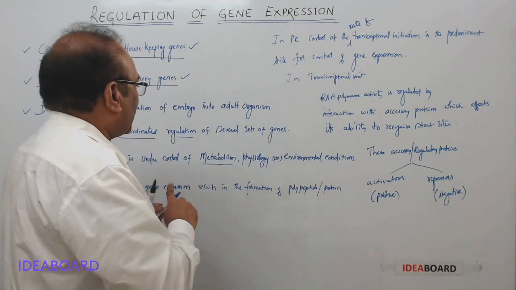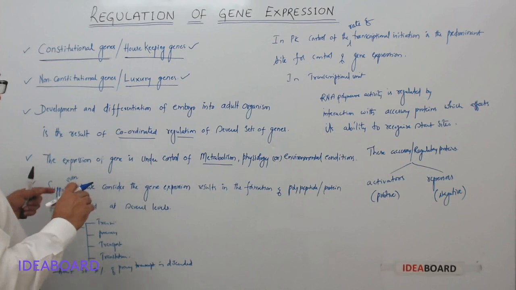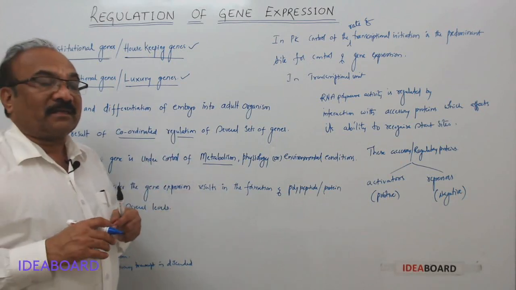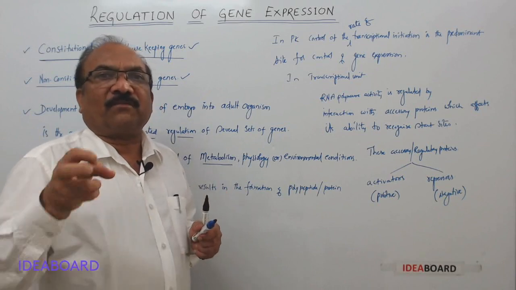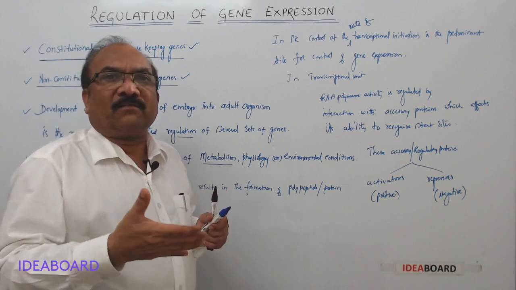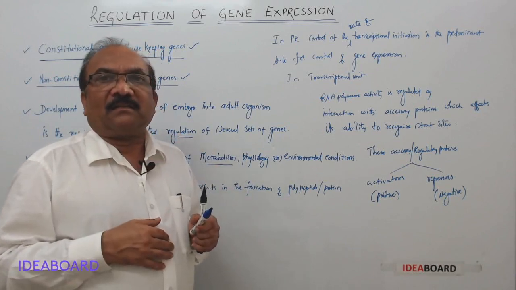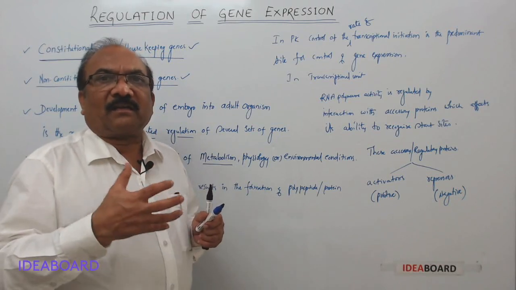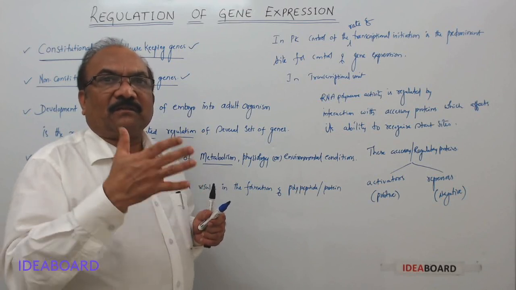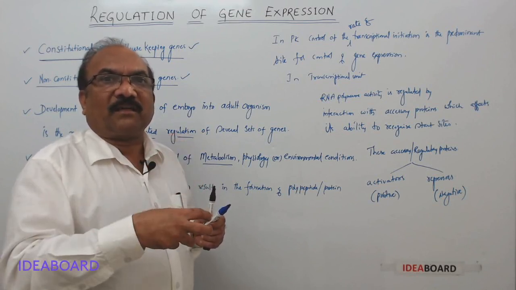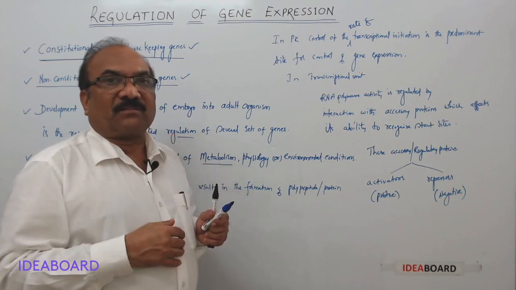So it is under control of the metabolic rate, and it depends on the physiology, meaning the functional ability of that organ, when that organ has to work fast. So the genes which are required for that will be expressed.